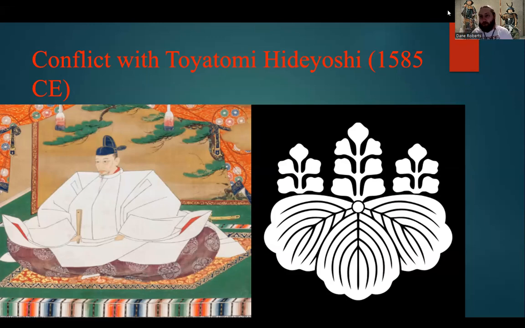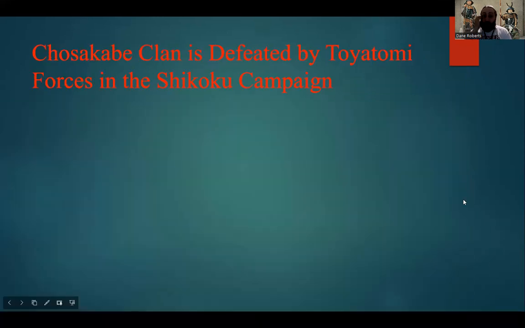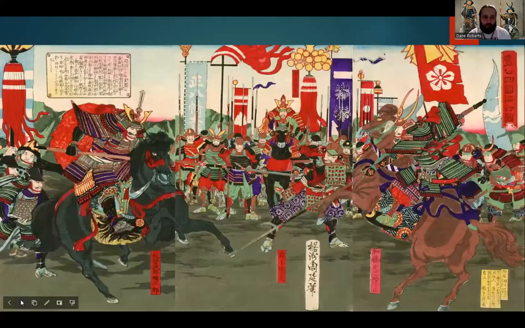Of course, Chosakabe Motochika, wanting the shogunate for himself as well, said no. And so in 1585 CE, Toyotomi Hideyoshi would invade Shikoku in what was known as the Shikoku campaign and would defeat the Chosakabe clan. And here is the Shikoku campaign right here.